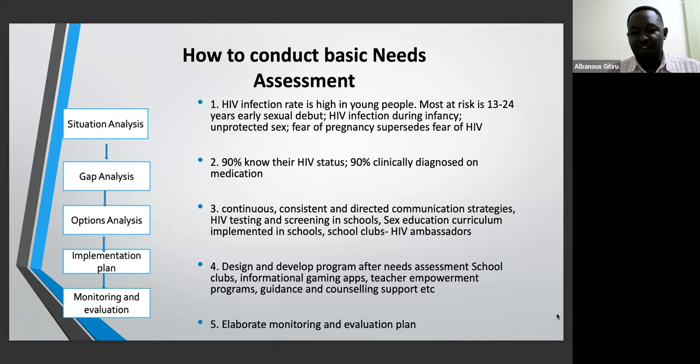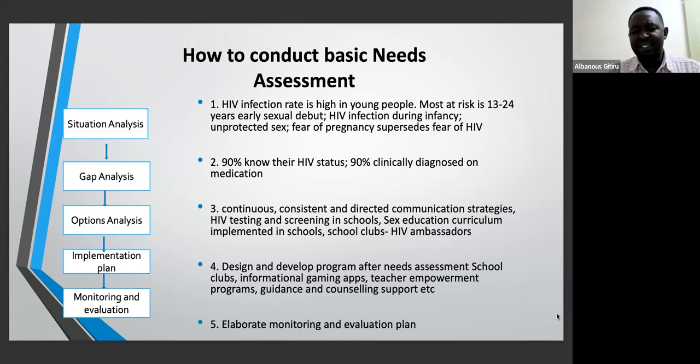These programs are, for example, school clubs, informational gaming applications, teacher empowerment programs so that teachers can empower their students, and also guidance and counseling support within the school environment. That is just an example. I did not address them exhaustively, but it's a matter of giving us direction on how we can go about designing our own programs, our own projects, or starting our own organizations.